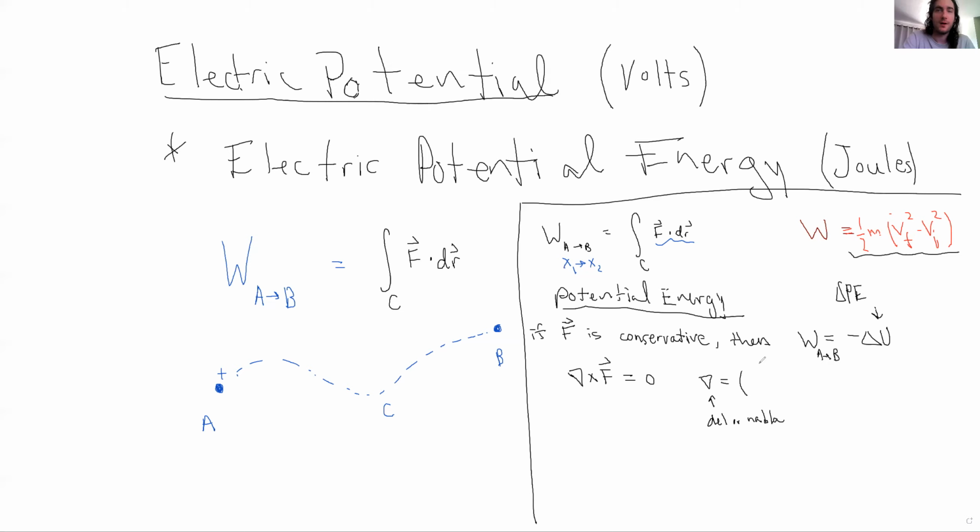It's a vector of operators, a vector of partial derivatives. So it's a partial derivative with respect to x, comma, partial derivative with respect to y, comma, partial derivative with respect to z. So that's what it looks like as a vector. And you just need to do a cross product of this vector of derivatives with F. Okay, so do you guys remember how to do a cross product?